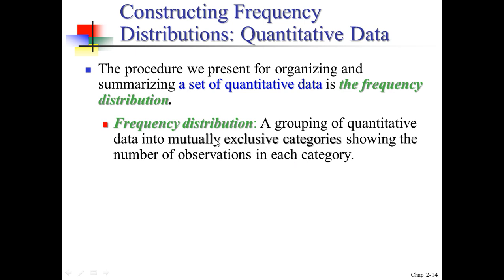So a frequency distribution table is the technique that we use to classify our quantitative data set into mutually exclusive classes that show the number of observations in each class.